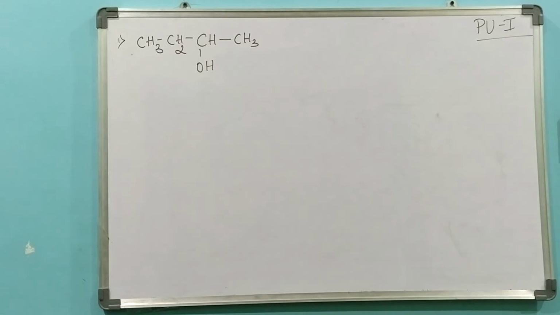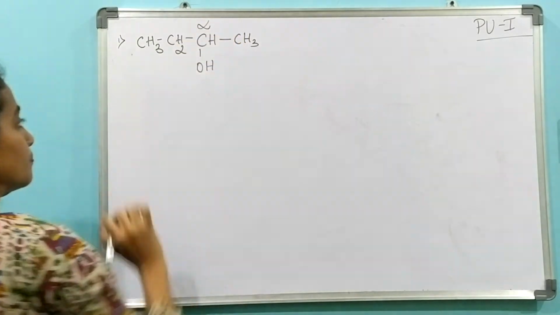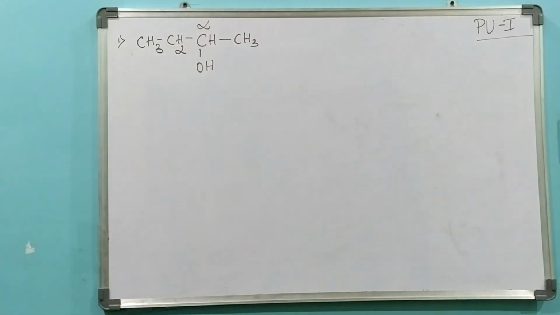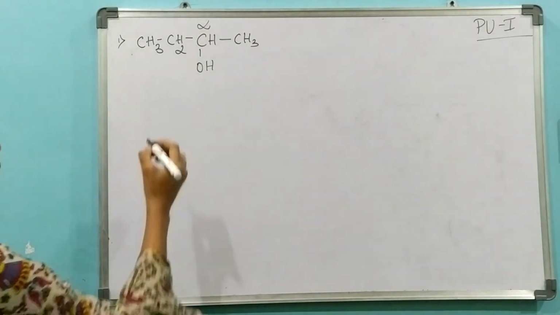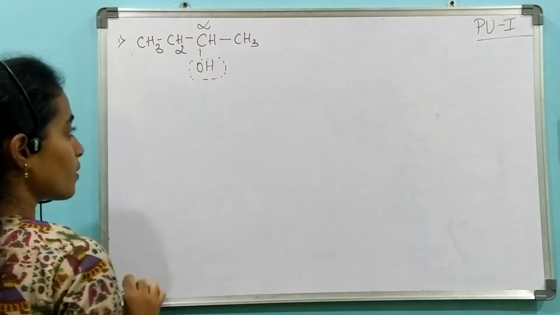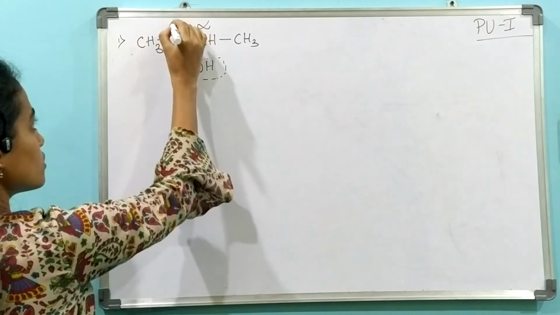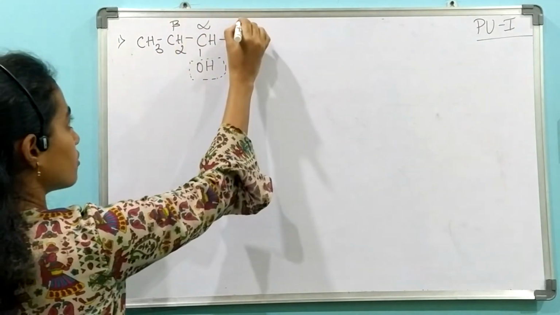So what you are going to do here now? See, this is the alpha carbon where you have your OH group attached on it, and you need to eliminate the OH minus from this carbon, and you need to remove the hydrogen from either this beta carbon or this beta carbon.